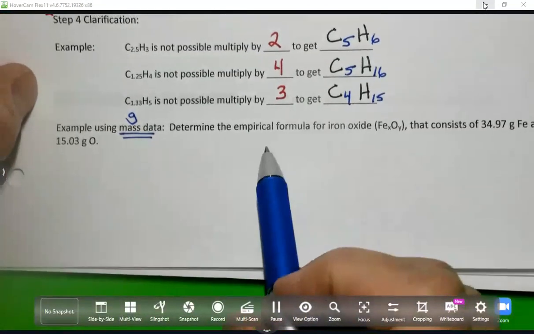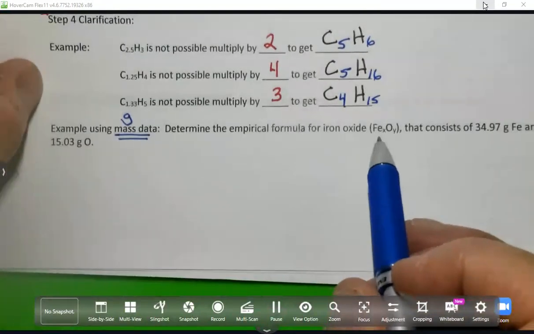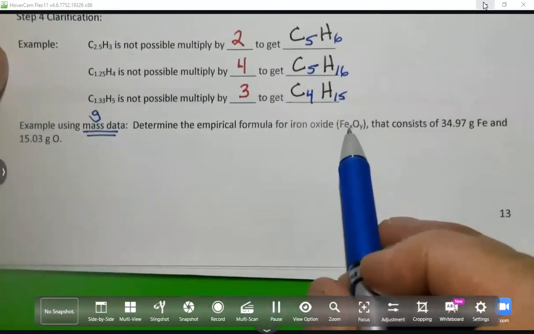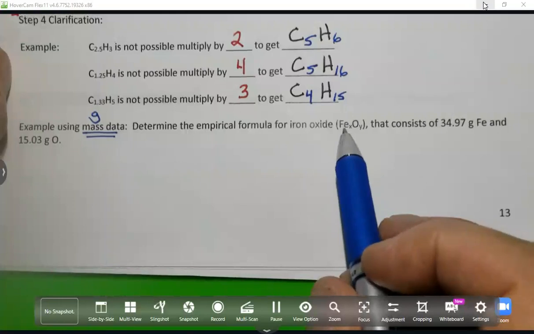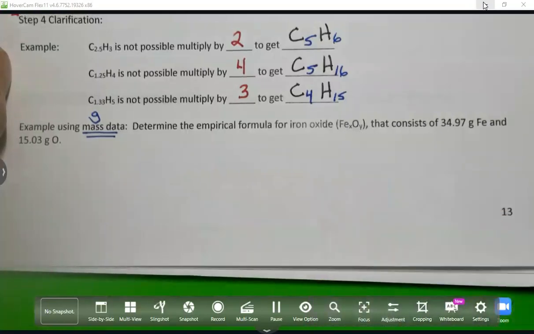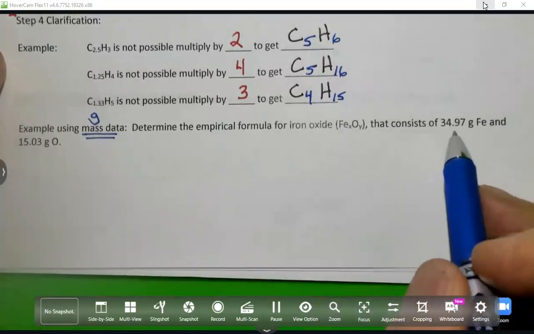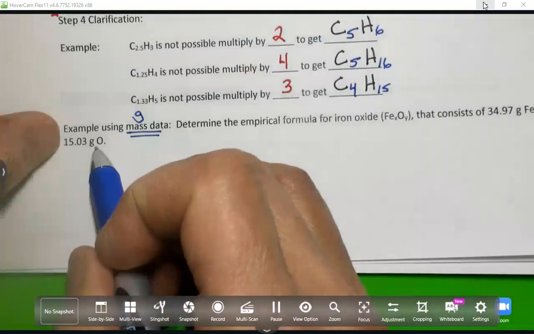It said determine the empirical formula for iron oxide. Now, iron could be 2 or 3. Iron can have an oxidation state of 2 or 3. It would give us 2 different formulas. Well, this consists of 34.97 grams of iron and 15.03 grams of oxygen.